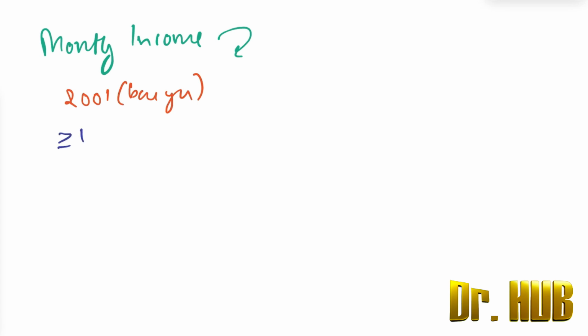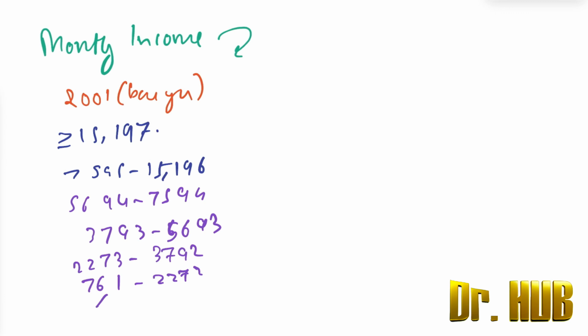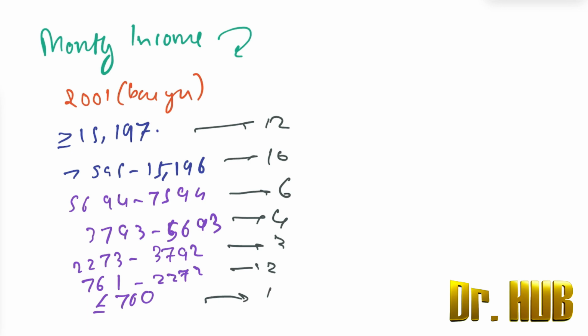Greater than 15,197; then 7595 to 15196; then 5694 to 7594; then 3793 to 5693; then 2273 to 3792; then 761 to 2272; and lastly less than 760. The scores here are 12, 10, 6, 4, 3, 2 and 1.